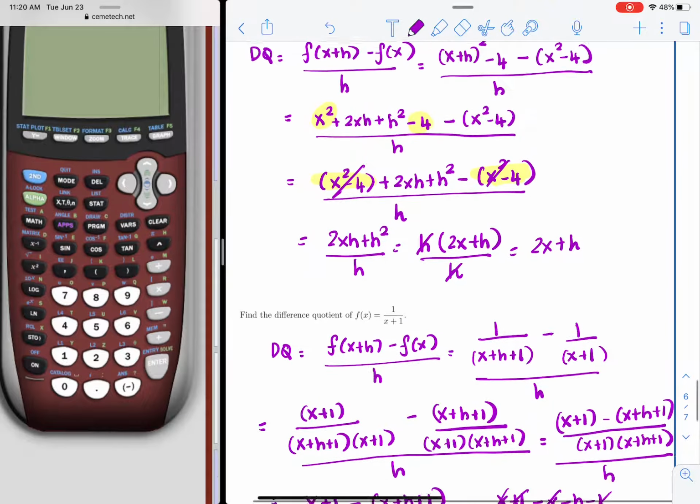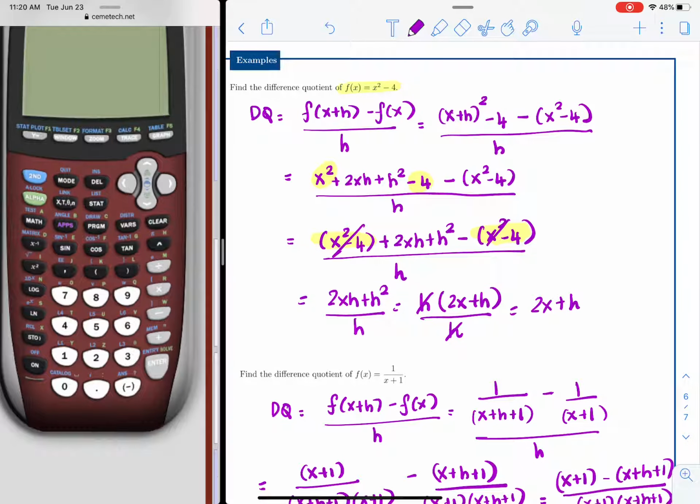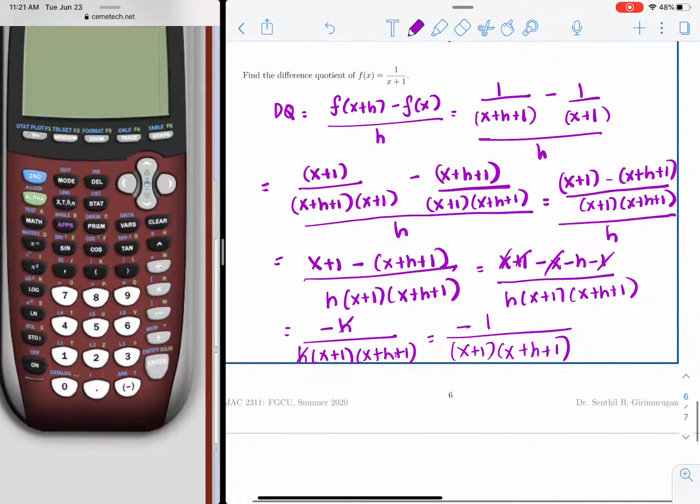So typically with algebraic functions or polynomial functions, such as the quadratic, the linear function, a cubic polynomial function, all of those, when you find the difference quotient, the original function would just disappear. So x squared minus 4 here is a second degree polynomial. It is a quadratic function. It is going to disappear. But 1 over x plus 1 is not. It is a rational function, which is why it is not quite obvious.